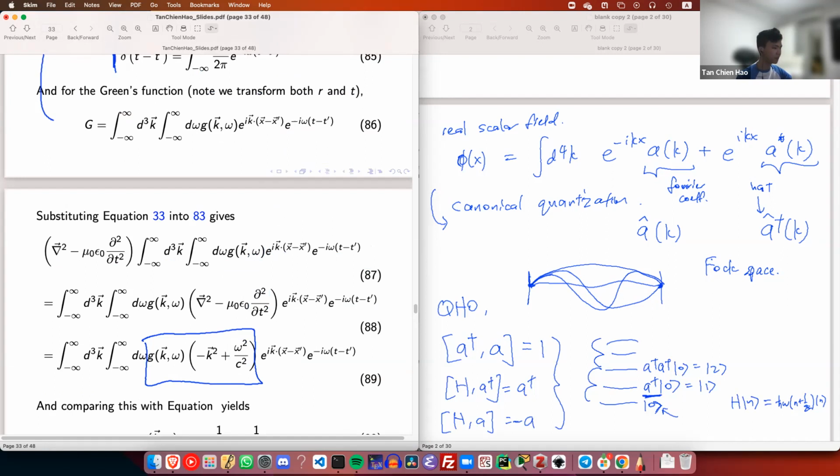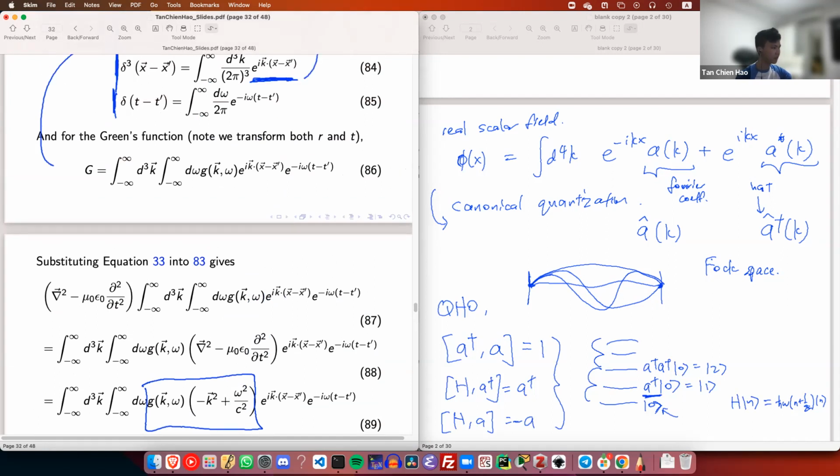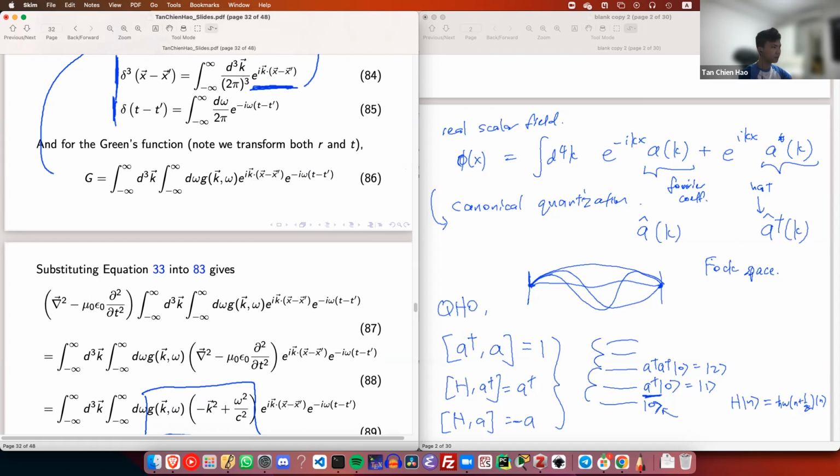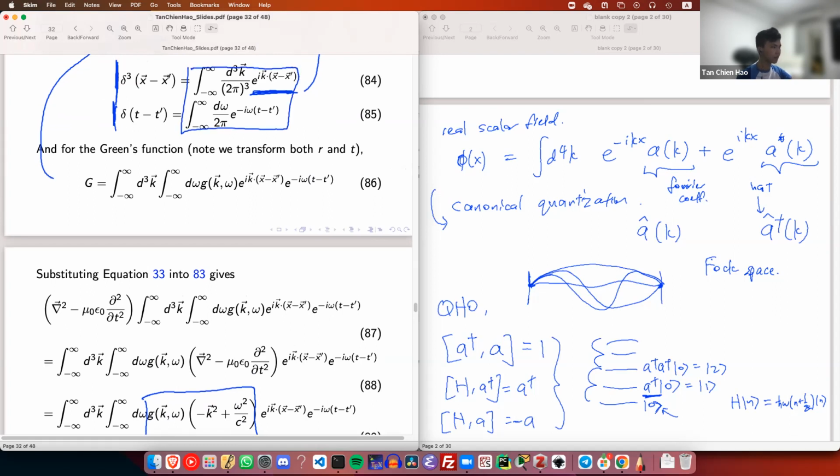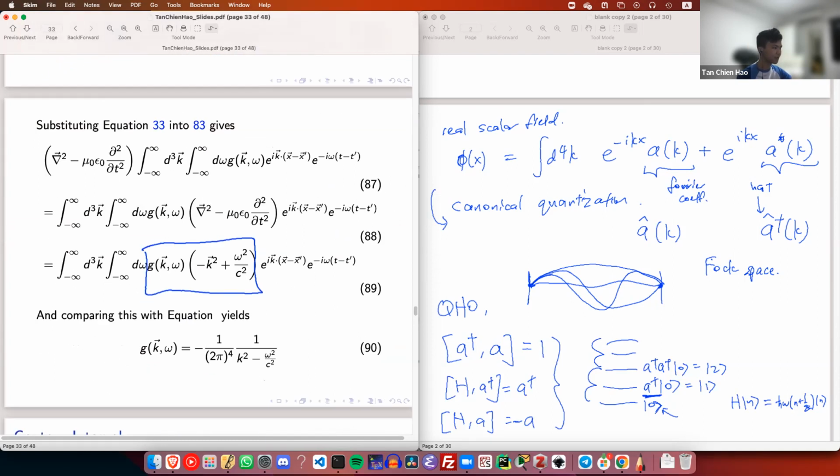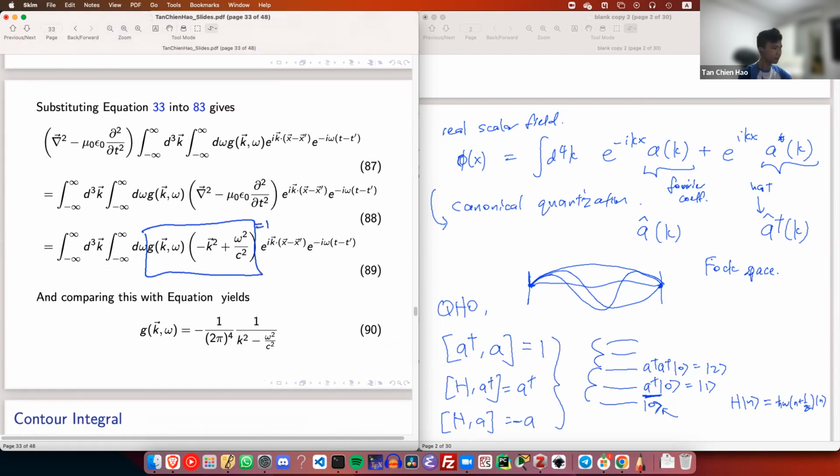And then if we compare equation 89 with these two substituted into the original part, if I multiply them out, we see that I need this part to be equal to 1 in order for LG to equal the Dirac delta. I need this part to equal 1, and that means that this guy is just the reciprocal of this term.